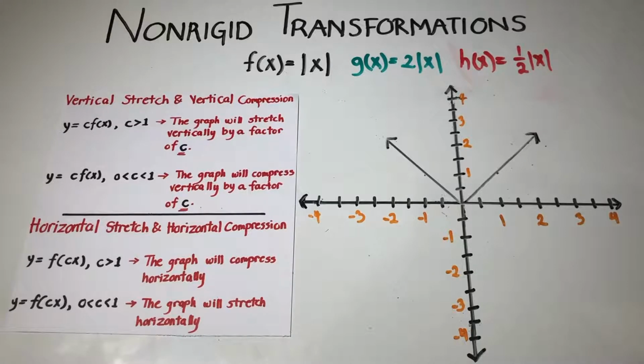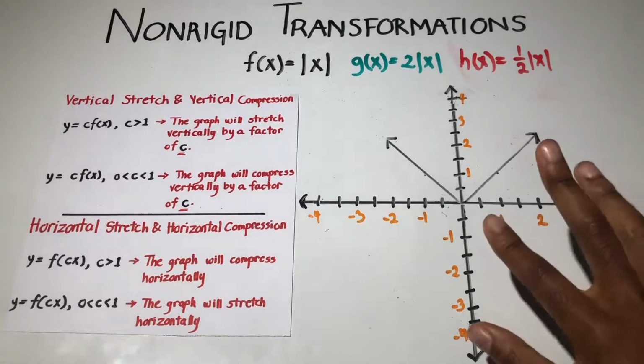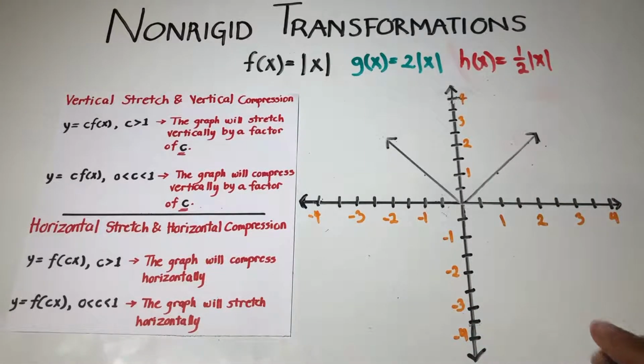The basic shape of the graph is unchanged. However, its position on the graph may shift a little bit. Non-rigid transformations, on the other hand, are those that can cause a distortion. So the graphs may stretch or shrink a little bit depending on the function itself.